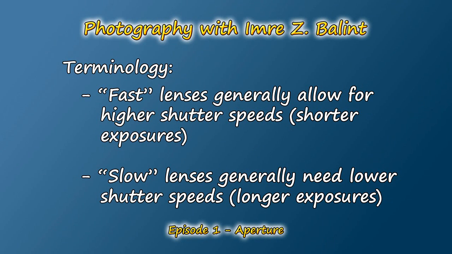Fast lenses generally allow for higher shutter speeds to be used, in other words, shorter exposure times. Slow lenses usually need lower shutter speeds, or longer exposures. Of course, this depends on the amount of light you have, but nonetheless, that's the idea.